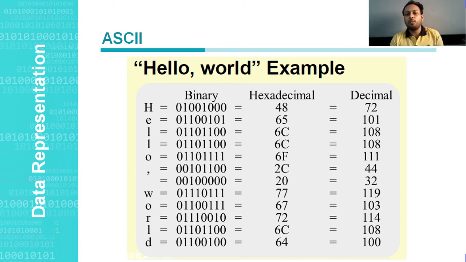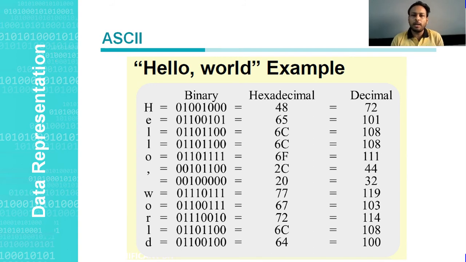One more thing: there is a shortcut to identify these things. If we want capitals, the memory number 65 in decimal is where capital A stands.